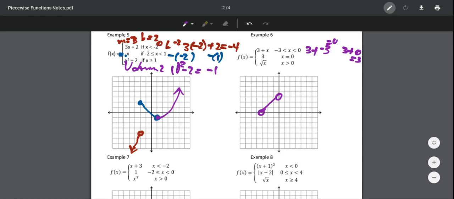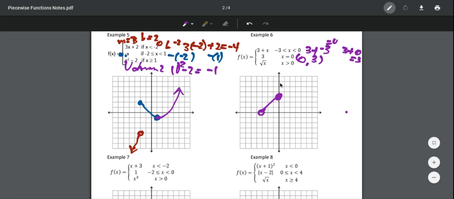So for this function here, this is x equals 0. And remember, this is f of x. So this is y equals 3. So this is actually the point (0, 3).